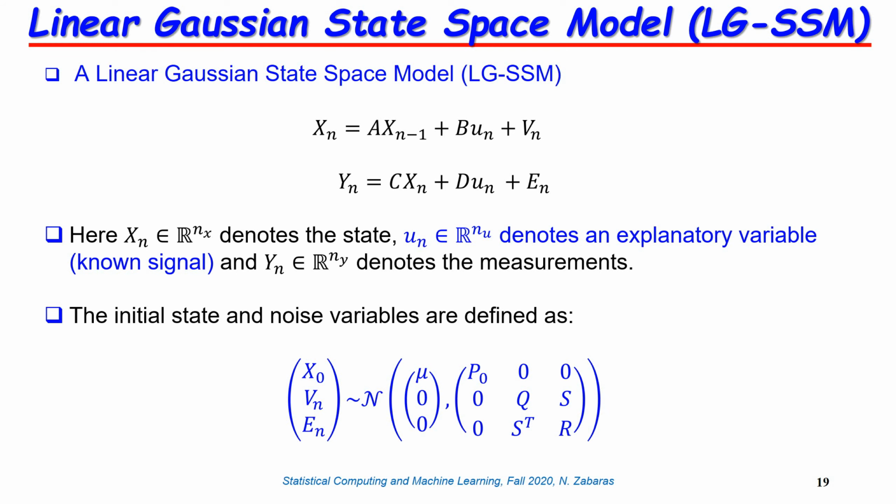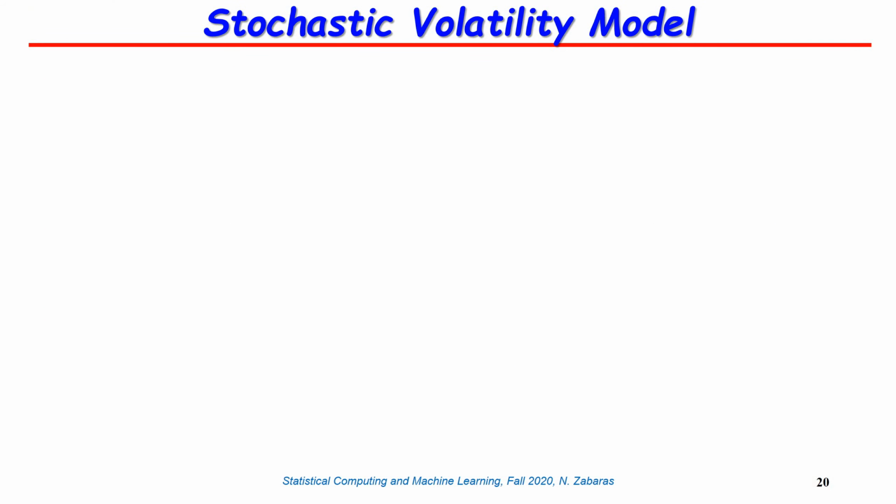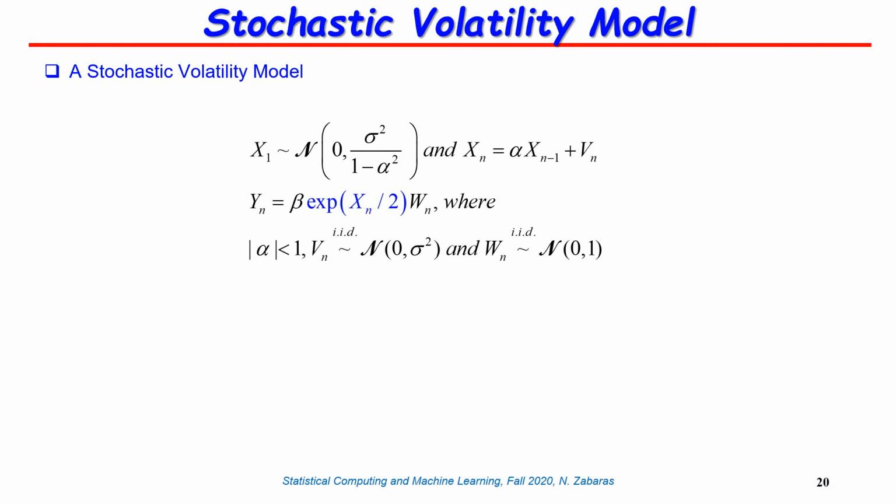that maybe don't fit in this Gaussian setting. All right, so here's another problem that's called the stochastic volatility problem. You can see the dynamical model, the transition model, if I take the noise to be Gaussian, is a Gaussian model. But now you can see that the observation model is a highly nonlinear model because of this dependence of y on x, where you have this exponential of xn over 2.